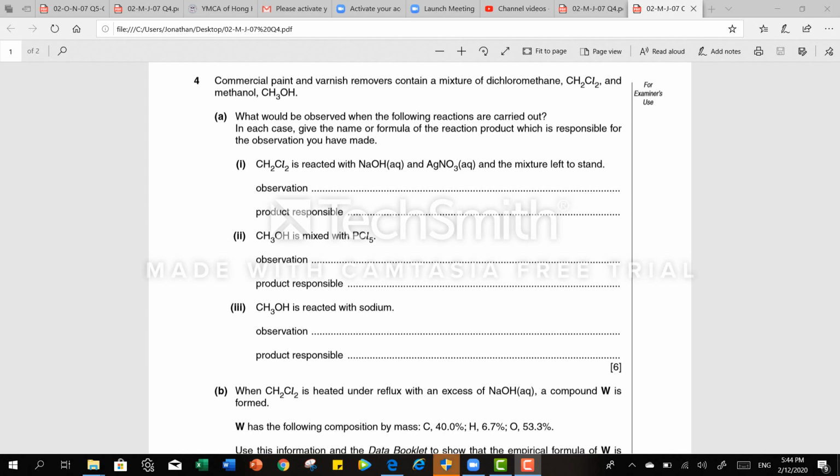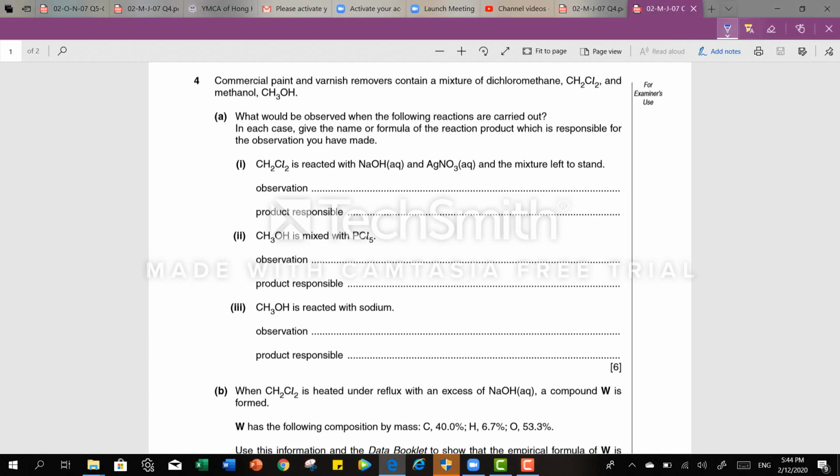CH2Cl2 is reacted with sodium hydroxide and AgNO3, and the mixture left to stand. Do you have any idea? Basically, you know this one will have a nucleophilic substitution reaction. This is what we learned in the chapter of the halogenoalkanes, right?